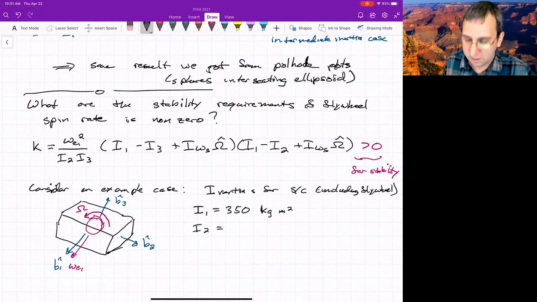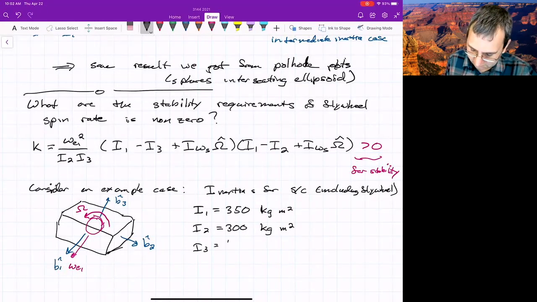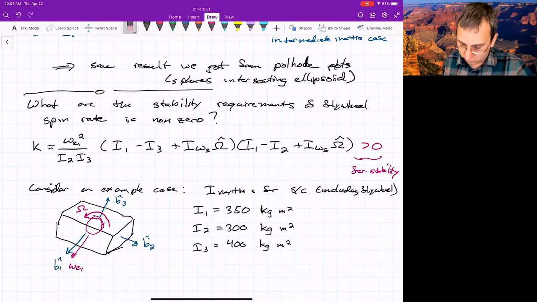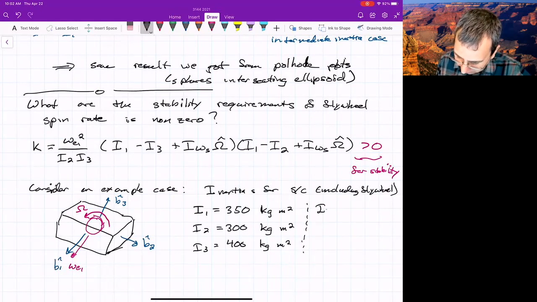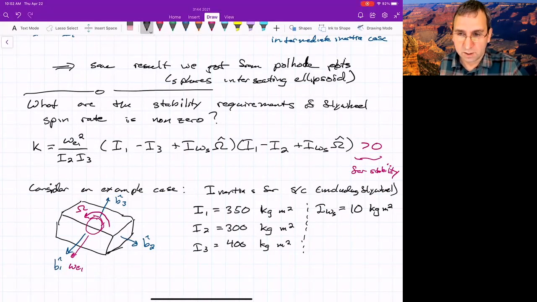I2 is 300 kilogram meters squared. I3 is 400 kilogram meters squared. The flywheel, which is contributing to I1, but we'll put it as well because it's important. The flywheel, let's say it's relatively small, so it's only 10 kilogram meters squared for inertia.